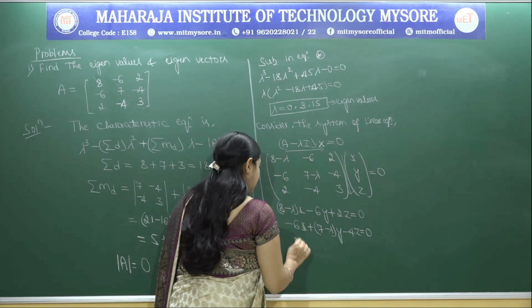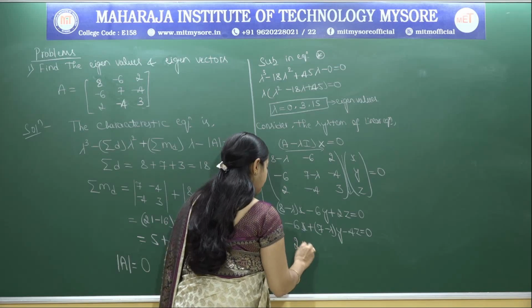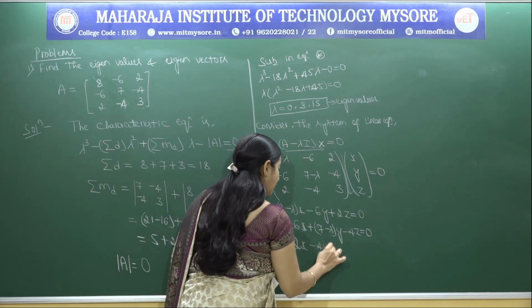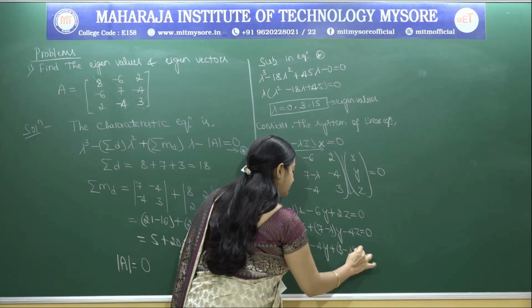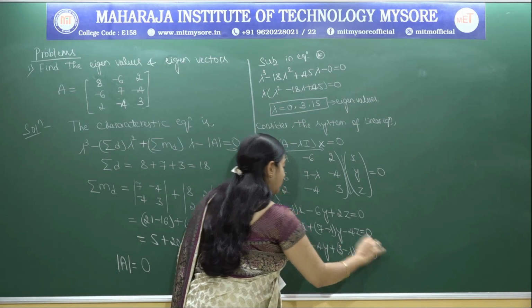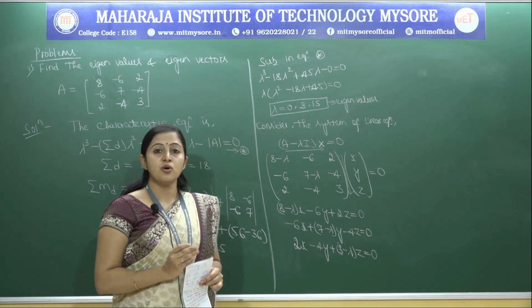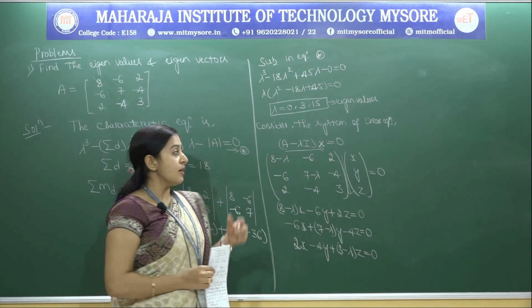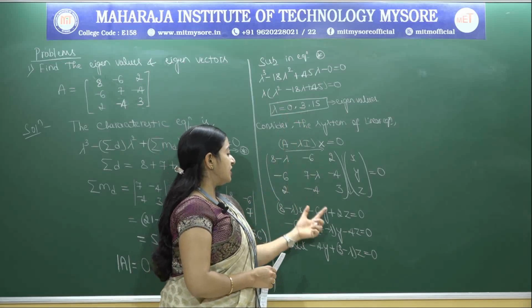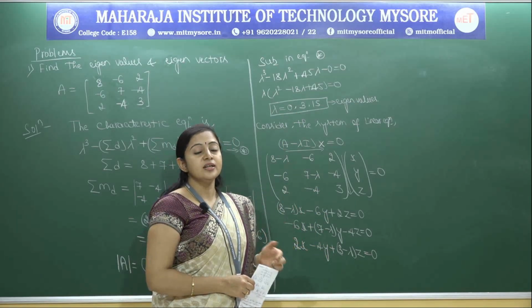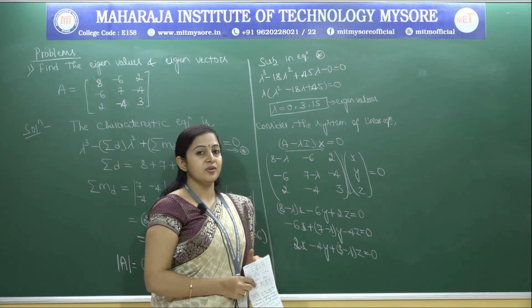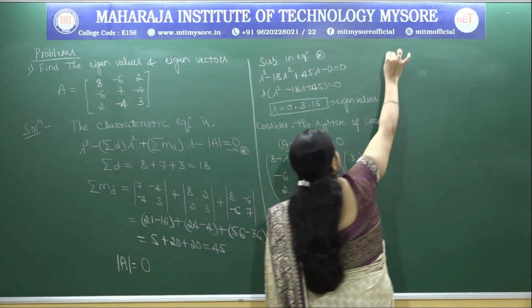The third one is 2x minus 4y plus (3 minus lambda) z equals 0. So these are the system of linear equations. Then substitute the eigenvalues into the system of linear equations, solve that, and you will get the corresponding eigenvectors. I will write this step by step.